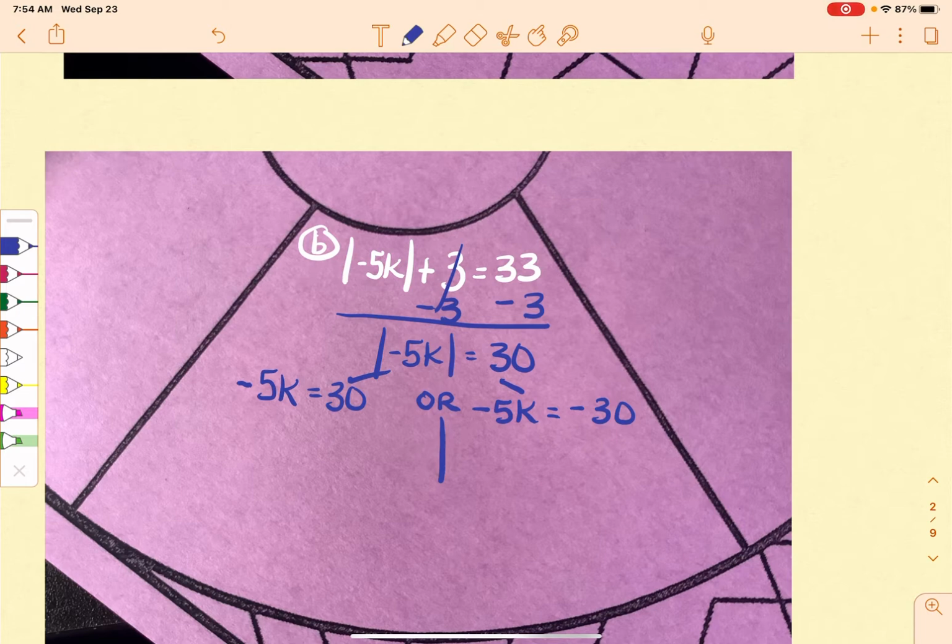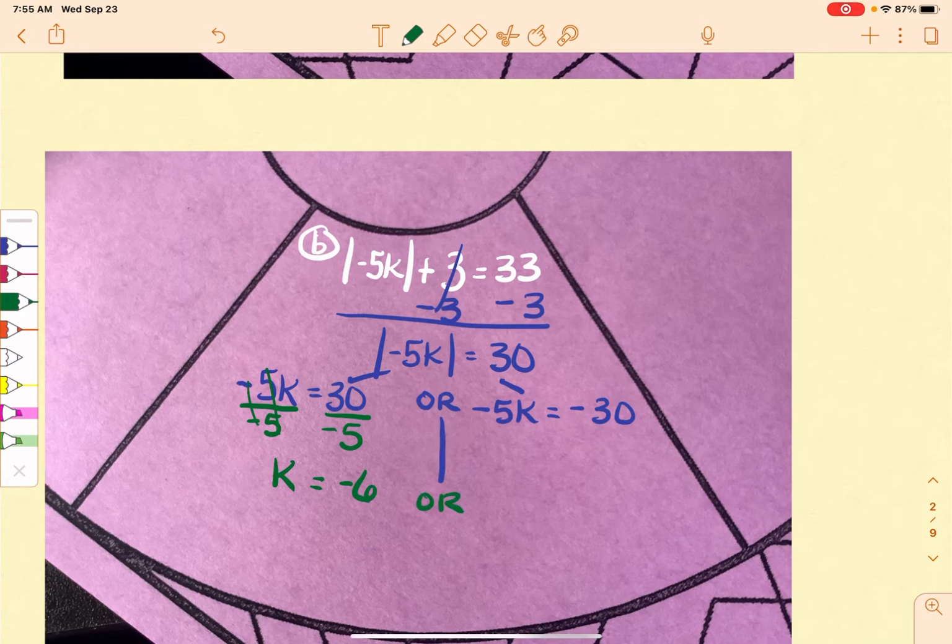Now I've got to do some solving on both sides. It's negative 5 times k, so the opposite of multiplying by negative 5 is dividing by negative 5. So I have k equals negative 6.